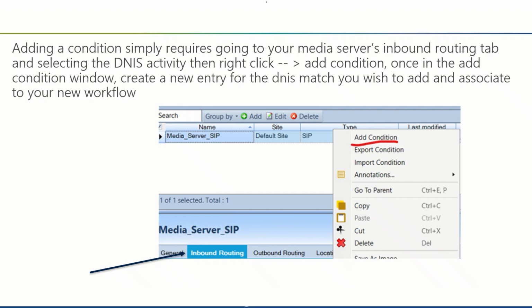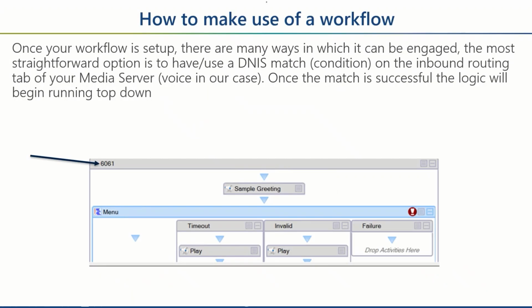Then you will right click on that DNIS activity or object and select add condition, at which point you simply go through the prompts to add in a DNIS entry for whatever number you want to attach to your workflow. And once again, just to remind ourselves, this is what a DNIS activity will look like. You'll have the actual string of digits that you want to apply to this particular workflow.